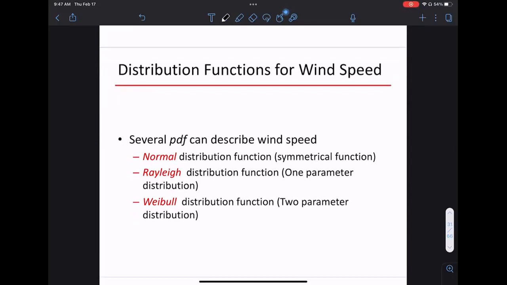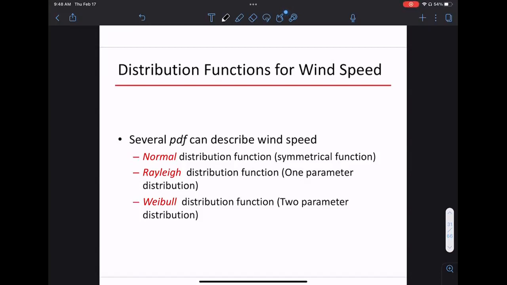So for example, you have a normal distribution, a Gaussian distribution. If you know the mean and variance, you know the entire PDF. Rayleigh is something else, Weibull is something else. Different people have their own beliefs on which one is closest to reality for describing one speed. So look at each one, with normal being the most useful for us.